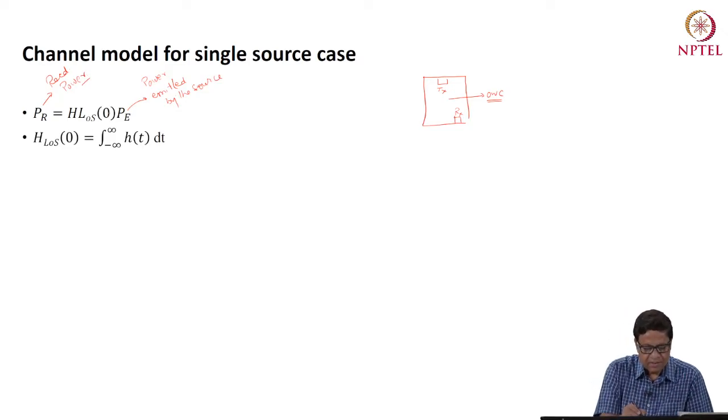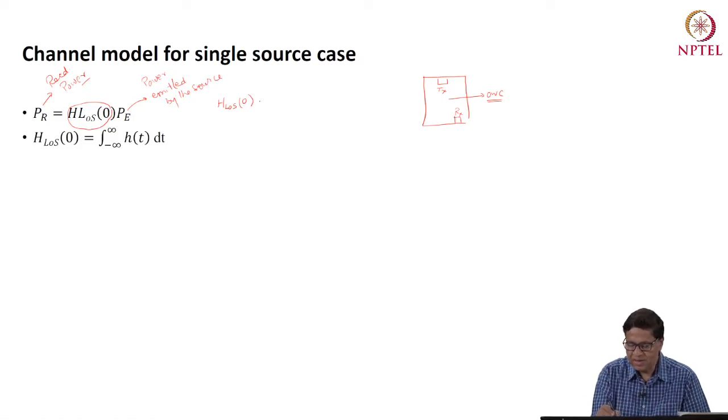And this is the optical wireless channel transfer function. Actually, this should be written as NLoS. The 0 actually stands for DC, assuming this is a DC channel gain. And then HLOS can be defined in terms of the channel impulse response in this fashion.